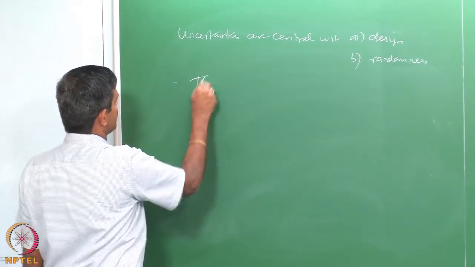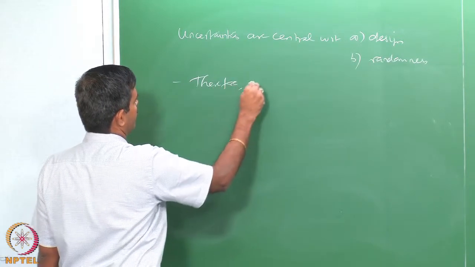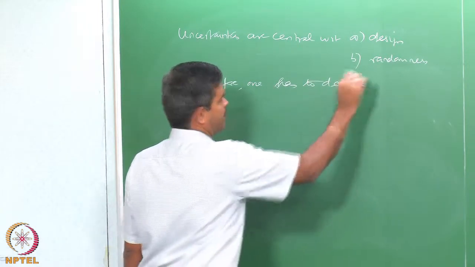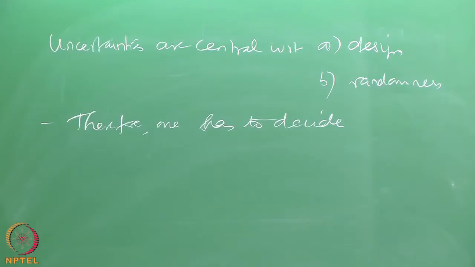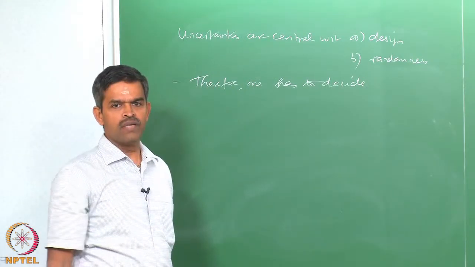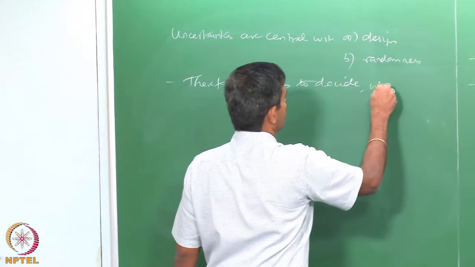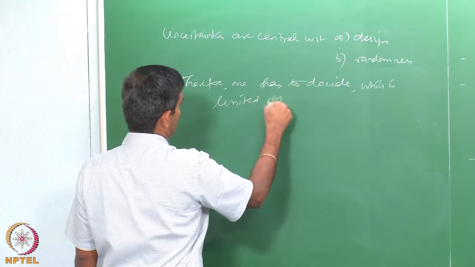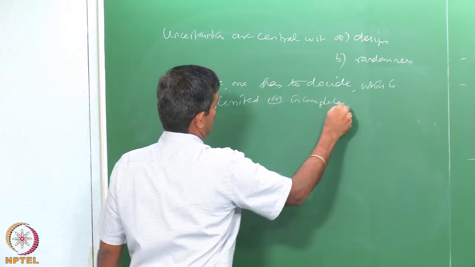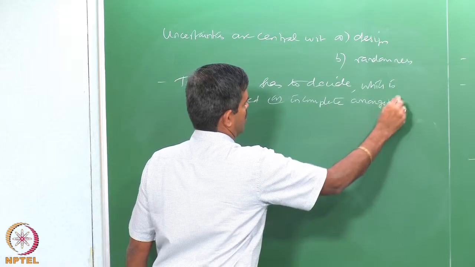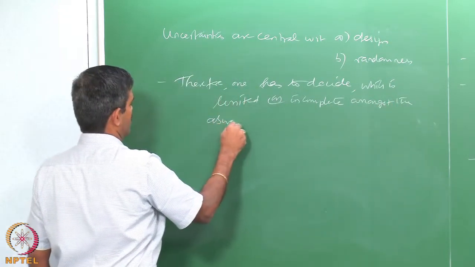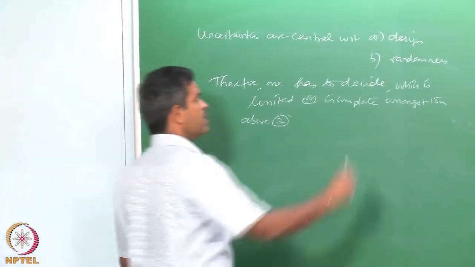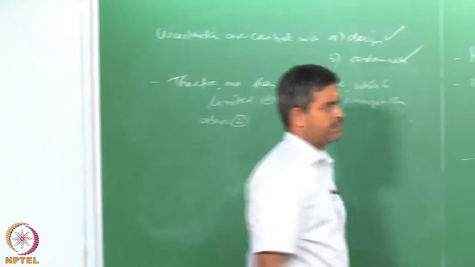Therefore, one has to decide which of the two is limited and incomplete, amongst the above two, because these seem to be the center of uncertainties. One is on the design, one is the randomness. That is what you see there.